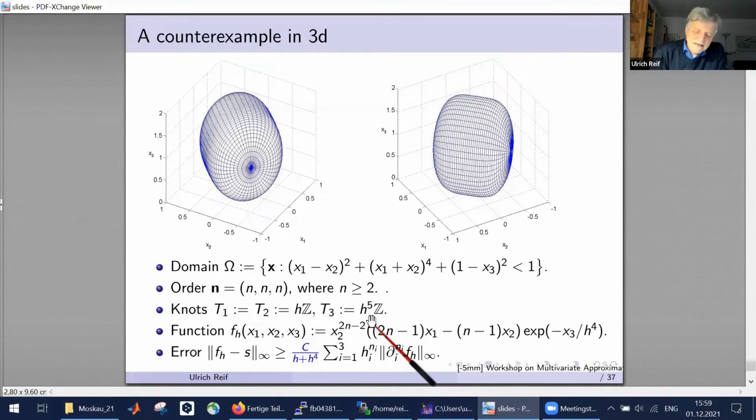What I'd like to know is, this was the simplest example which I could construct. So h, and h to the 5. I was not able to construct an example for h to the 4. I would be interested in understanding this. So is there a bound on the aspect ratio which is still admissible? Where do the problems start? I don't know. So this is one of the questions I'd like to understand better. Thanks.